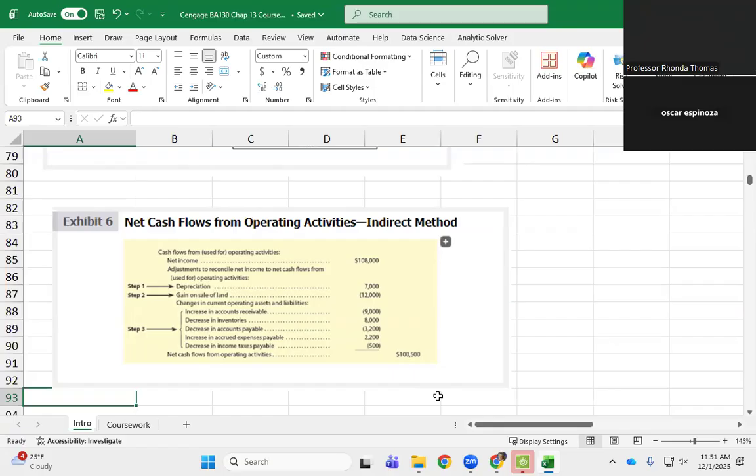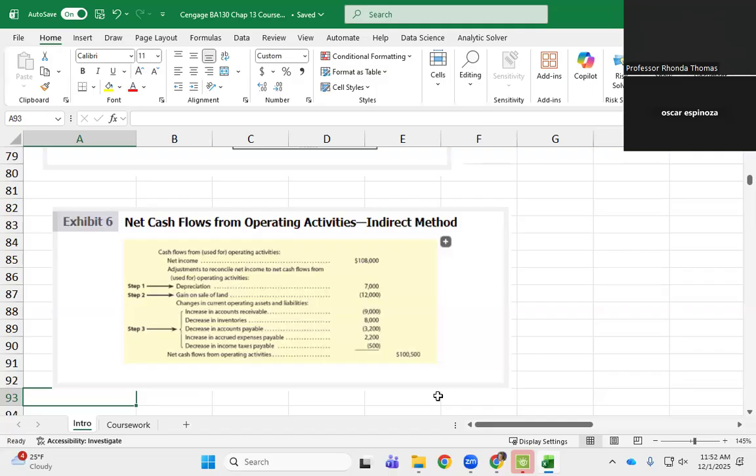That is the net cash flow from operating activities. Net cash flow, and the word is from. The word from means it's an increase. Okay, net cash flows from operating section. That's how that's working there.